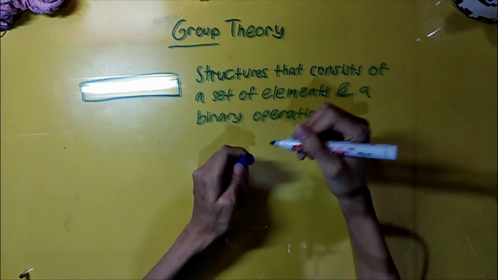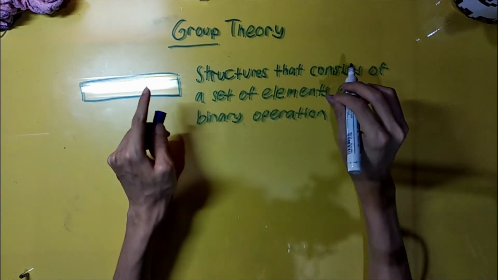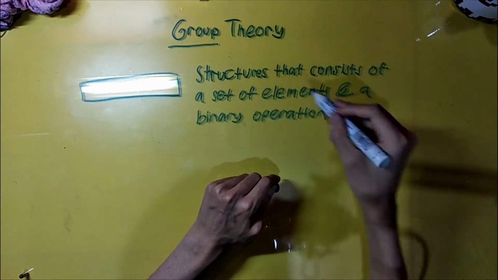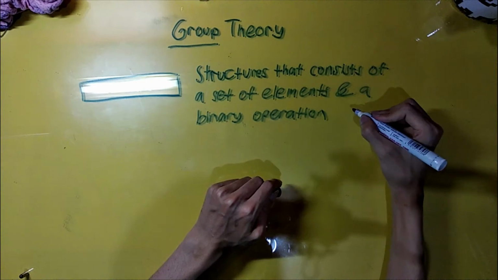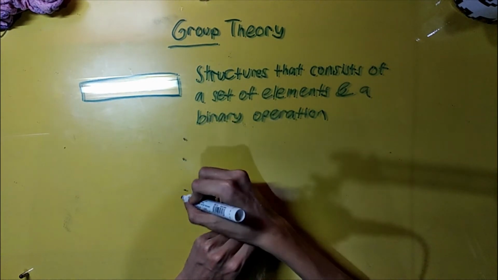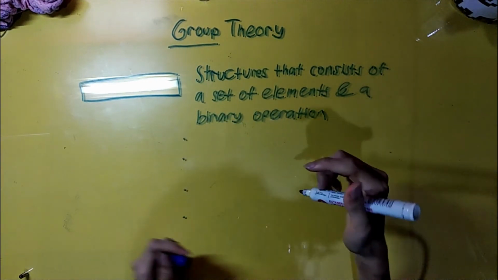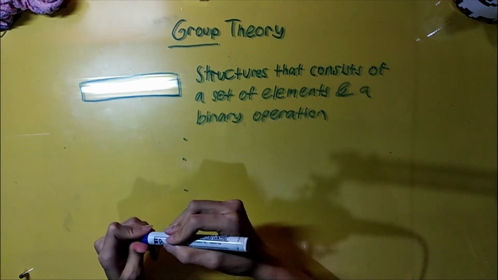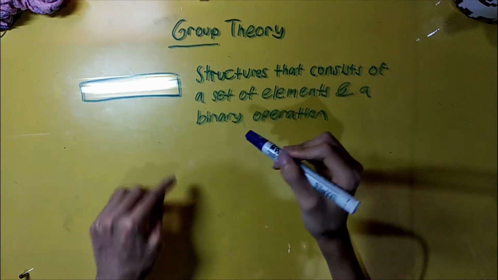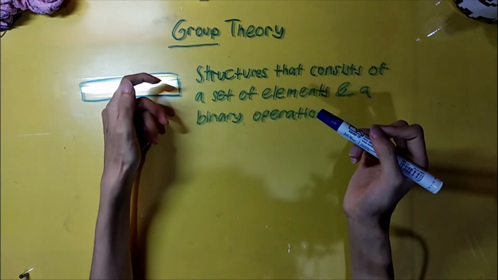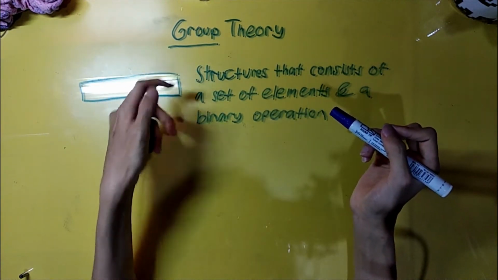So that's not the full definition. Structures that consist of a set of elements and a binary operation that satisfy 4 rules. Alright? But we'll be taking a look at this in a couple minutes.